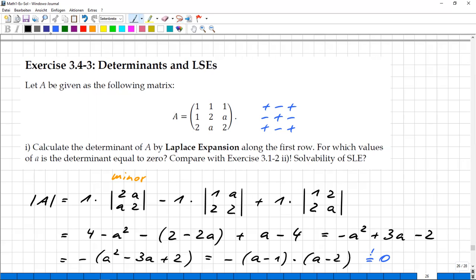So it starts the following. You just mark your element, your first element in the first row, in this case, expanding along this row. I start here. Then you use this number, put it there, 1, but also now you delete the corresponding row and the corresponding column. And the remaining smaller matrix, this is called a minor.